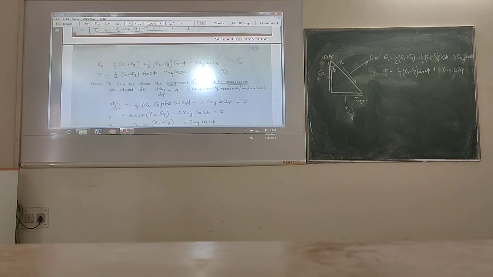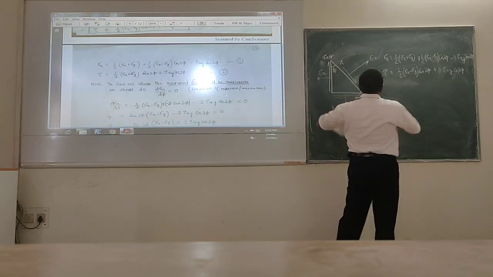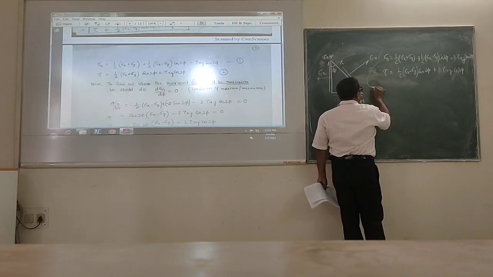So if we want to find out the maximum or the minimum value of the normal stress sigma n, then what do we have to do? We have to go to differentiation, right? You know that for a maximum or minimum condition, with respect to phi I should differentiate this sigma n.